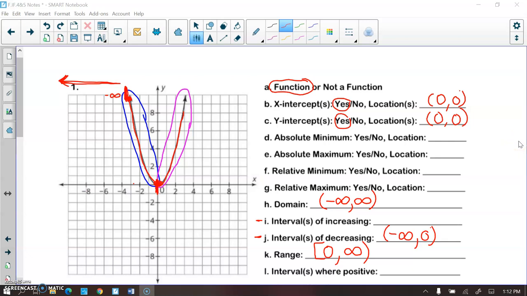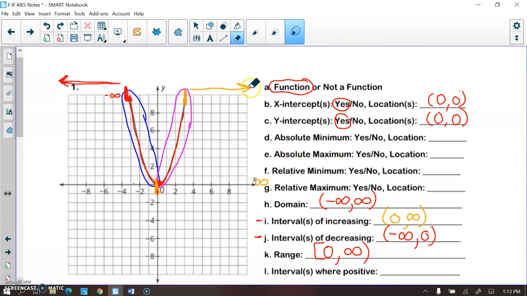My leftmost x value within that pink section would be 0. And the rightmost x value in that section, since it has an arrow, is going to be trending towards this side on my x-axis, and that's towards the infinity portion of my x-axis. So my interval of increasing is from 0 to infinity.